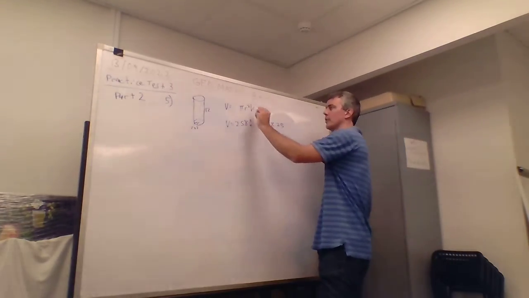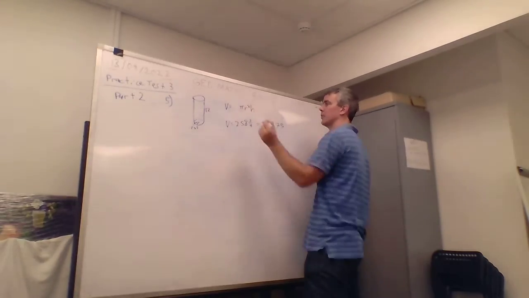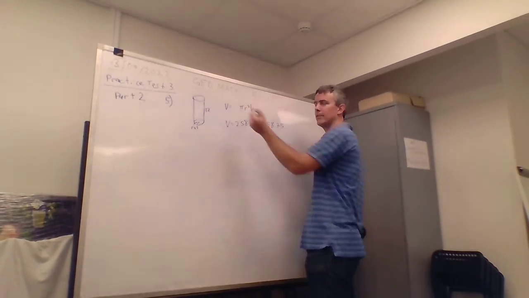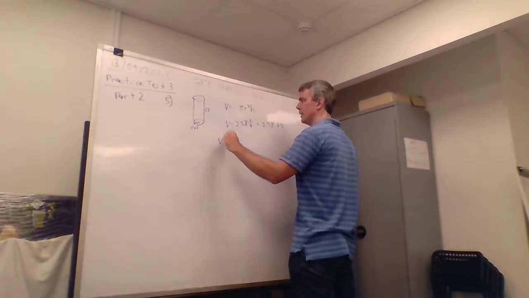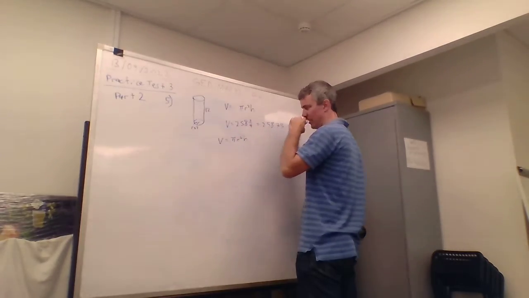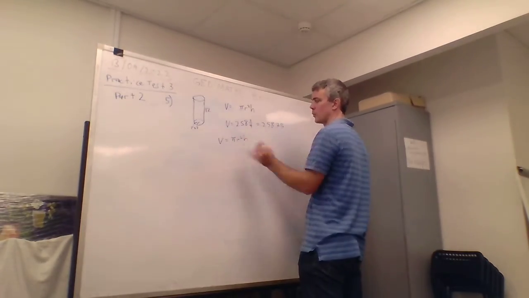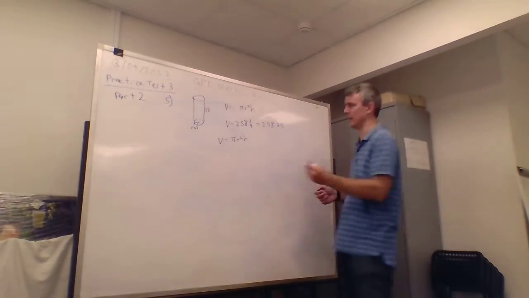So what I'm going to do is try to get r by itself. You can put the volume here if you want, but I like to leave the variables until the end, because it's easier for me to work with them. So V equals pi r squared h. First thing we need to do is get r squared by itself. How do we do that? Divide. That's right.